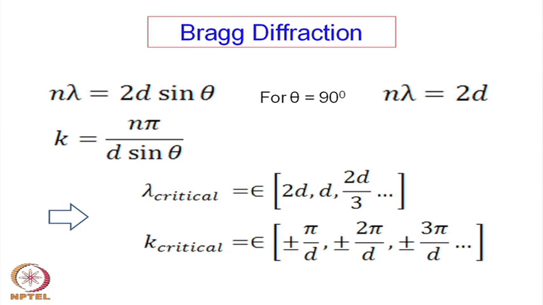And if the angle of incidence is about 90 degrees, then there will be a complete reflection back, which means the electrons impinging on surfaces having this d spacing, with theta of course 90 degrees, will be completely reflected back.